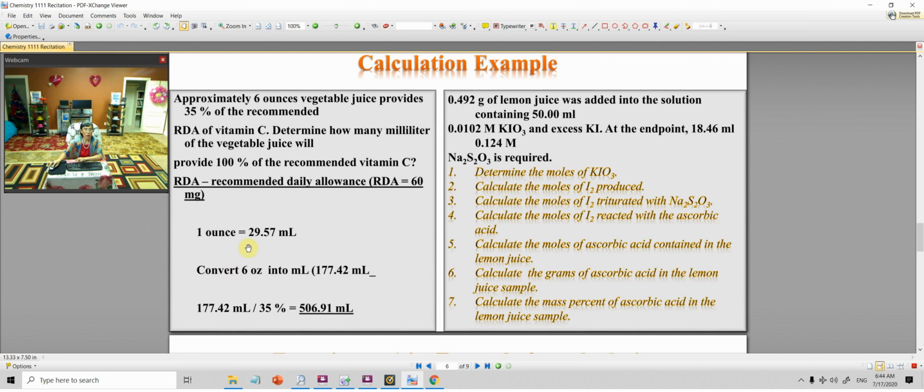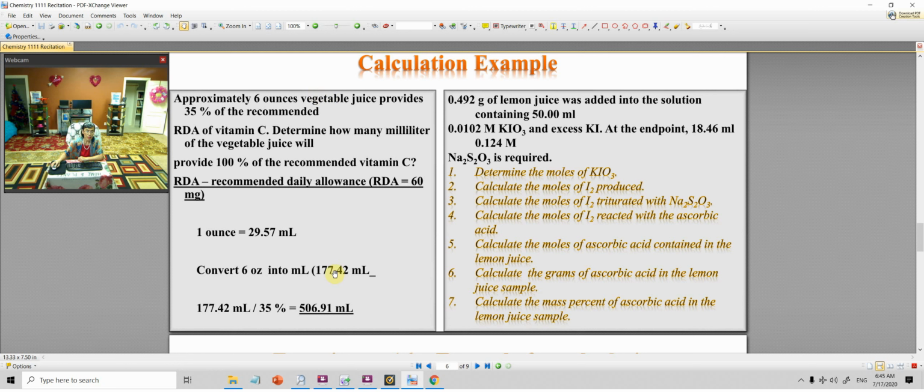There are also a couple of different units you need to know about the conversion. 1 ounce is approximately 29.57 milliliters. So we gave you 6 ounces, you convert to milliliters, and from milliliters you convert to the vitamin C and the total solution volume.